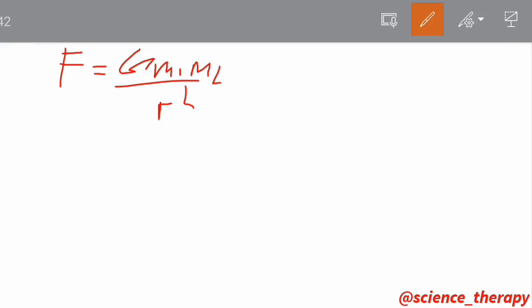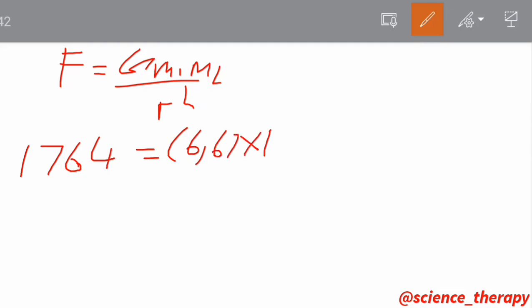So we put 1764, because at that position it is now 90% of the weight it was on the Earth's surface. Then here we have G, 6.67 times 10 to the power of negative 11. And then what is our mass?